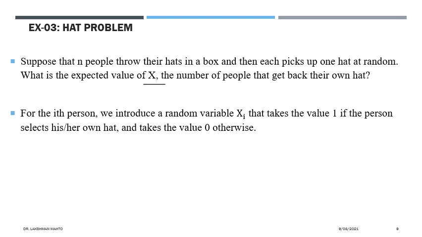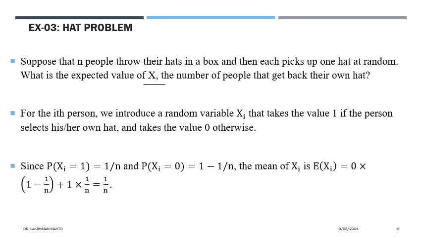So xi is a Bernoulli random variable. Now we will calculate the probability of picking one's own hat, that means xi equal to 1. Xi takes two values, either 0 or 1. If there is a success it is 1, if there is a failure it is 0. So what is the probability of success?